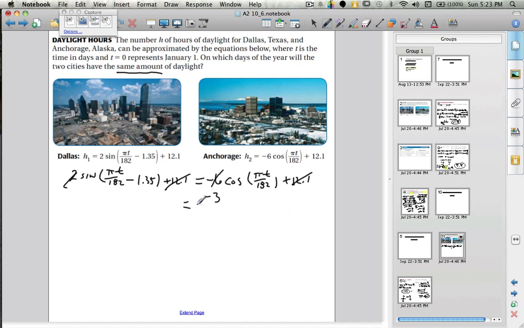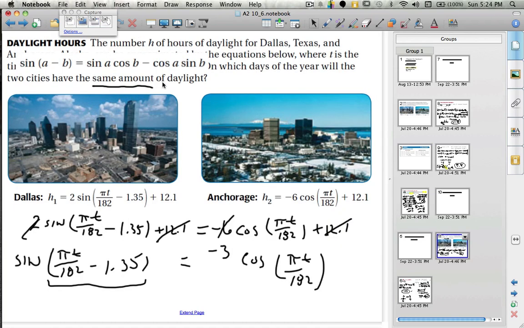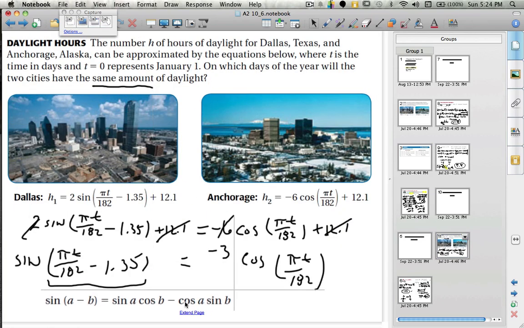Okay, so on this side, I have negative 3 times the cosine of pi t over 182. And on this side, I have the sine of pi t over 182 minus 1.35. So I didn't write that very well, did I? 1.35. So over here I've got a difference formula. So this is the fellow I want to use at this point.